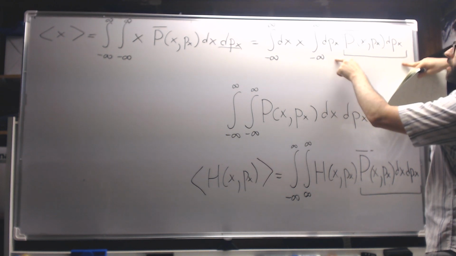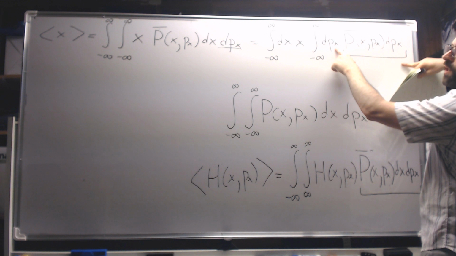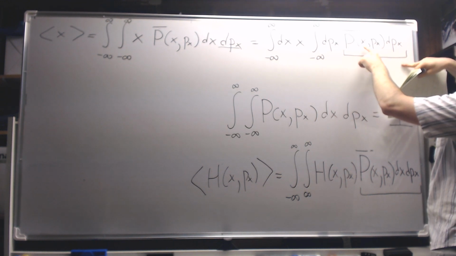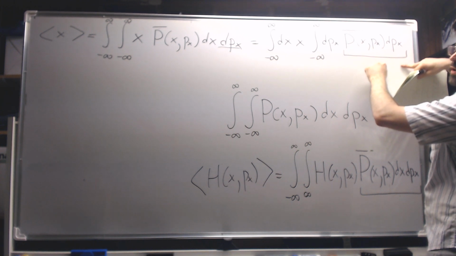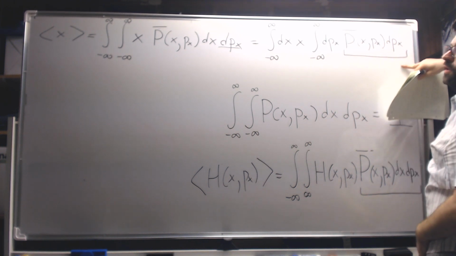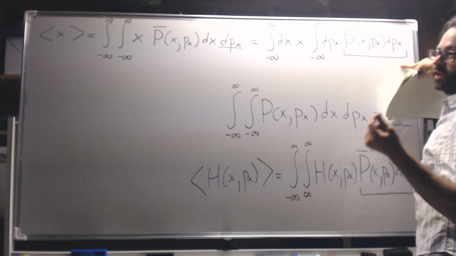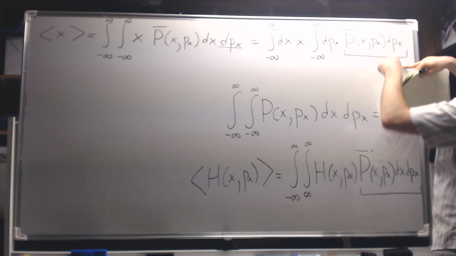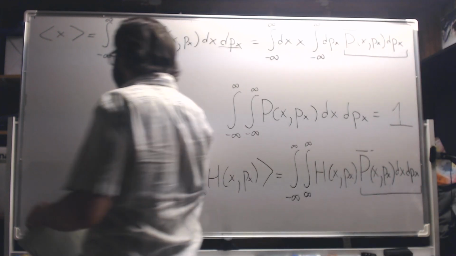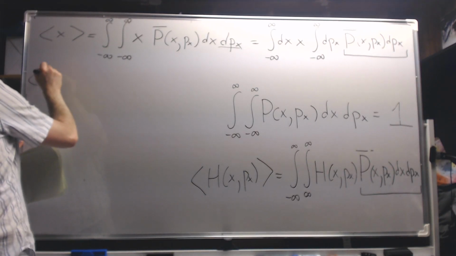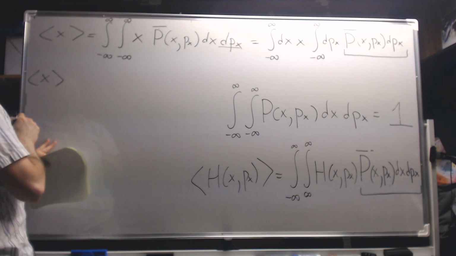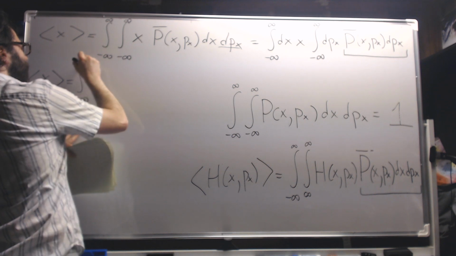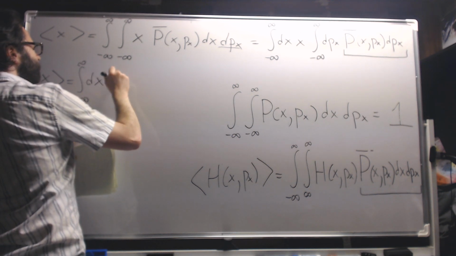So we are summing or integrating over all the possible values of px for a given position. And that probability ought to be normalized. And what you should end up with is just the probability that the particle has position x independent of its probability in momentum. And so let me rewrite this: the average x should look like the integral from minus infinity to infinity over dx times x.